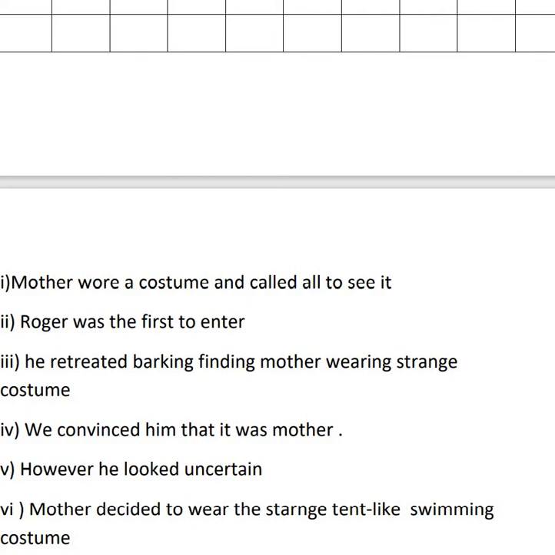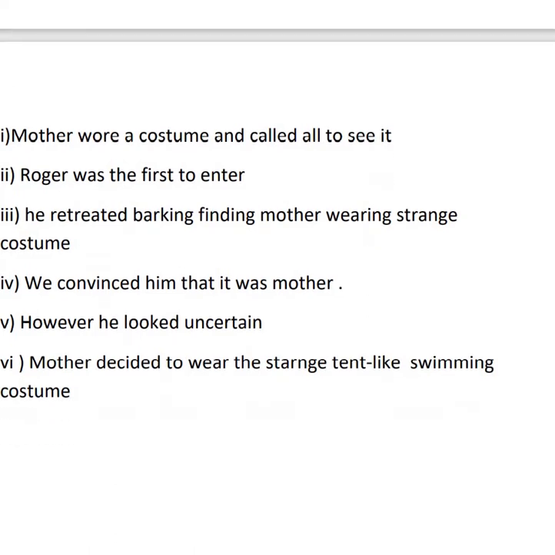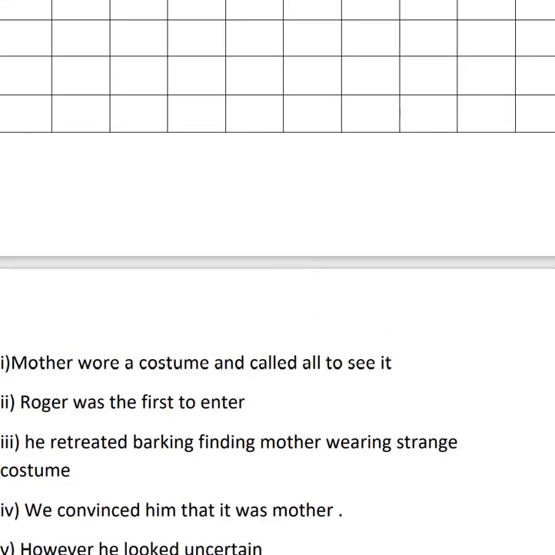We convinced him, that means the narrator and everyone convinced him that it was mother. However, he looked uncertain. Mother decided to wear the strange tent-like swimming costume. She didn't listen to our request, so she thought to wear it.